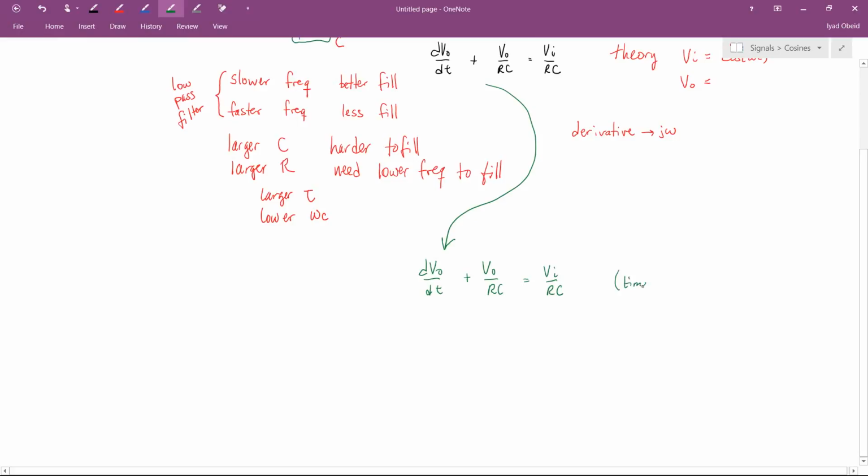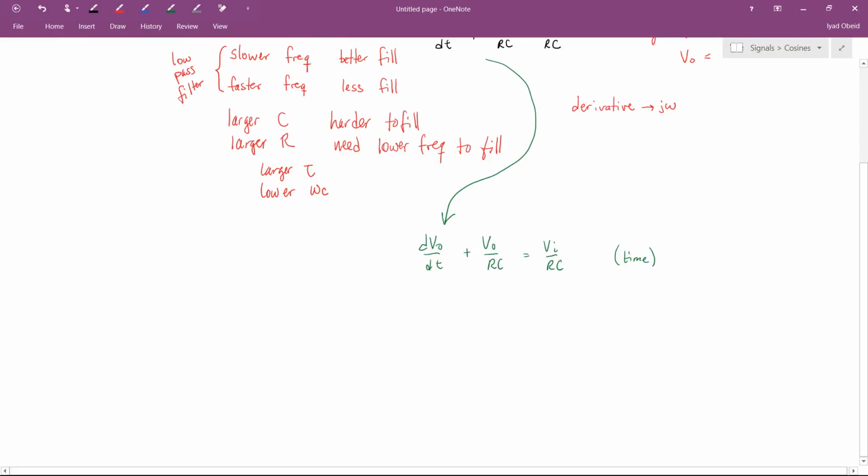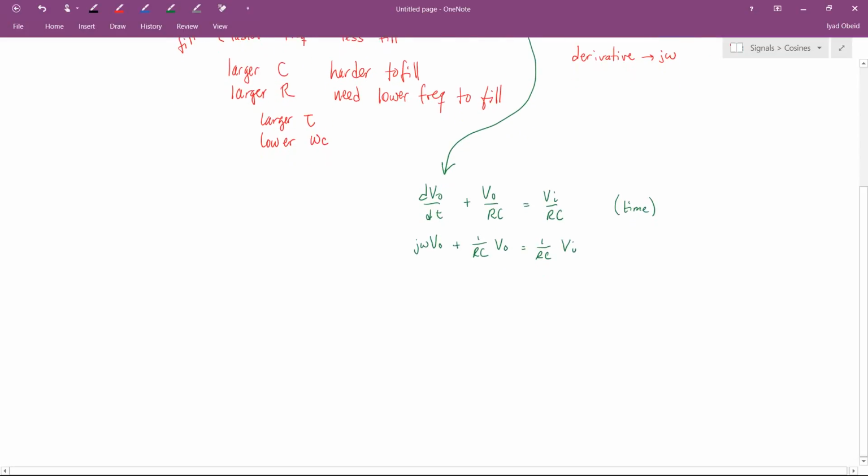Now we'll take the Fourier transform and convert it all with respect to frequency. So the derivative of V out becomes j omega times V out as a function of frequency plus 1 over RC times V out as a function of frequency equals 1 over RC times V in as a function of frequency.